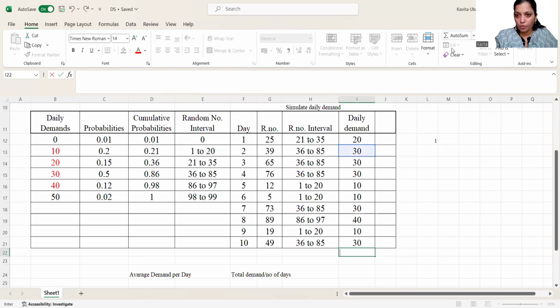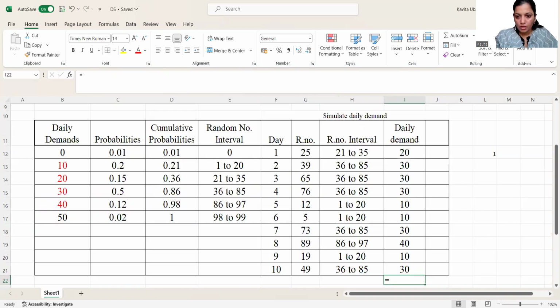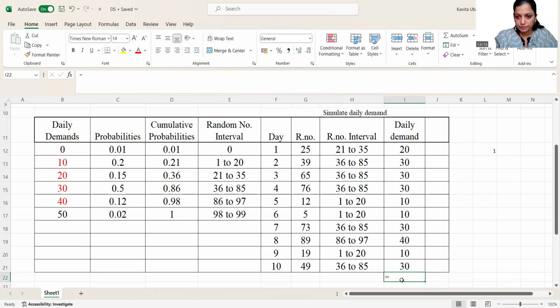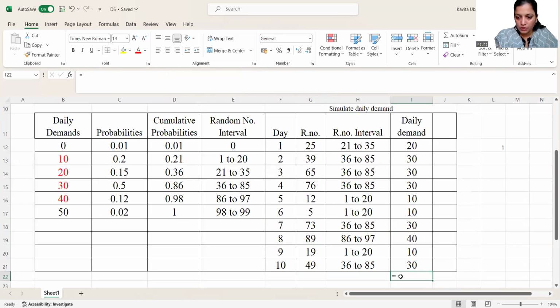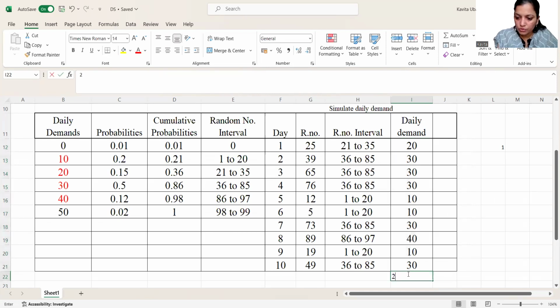I am applying the auto sum formula here. Just a minute. So the total of this column I is equal to 240.